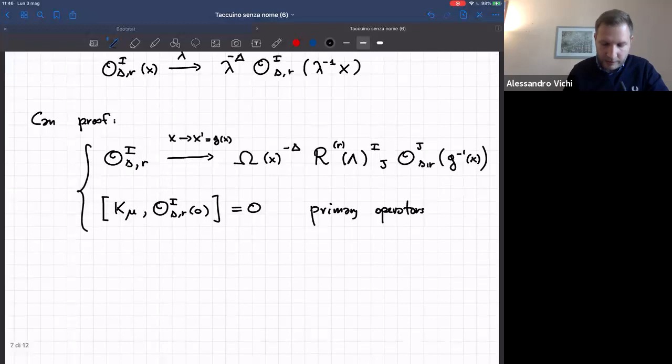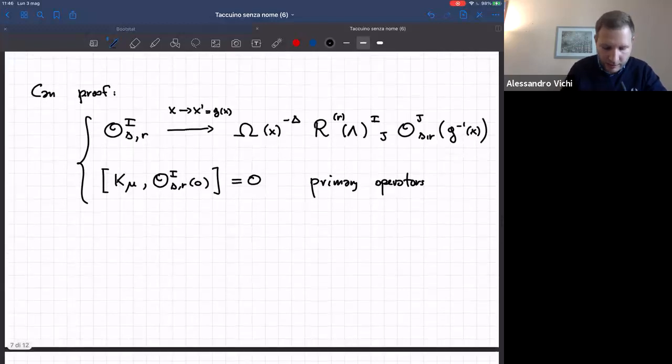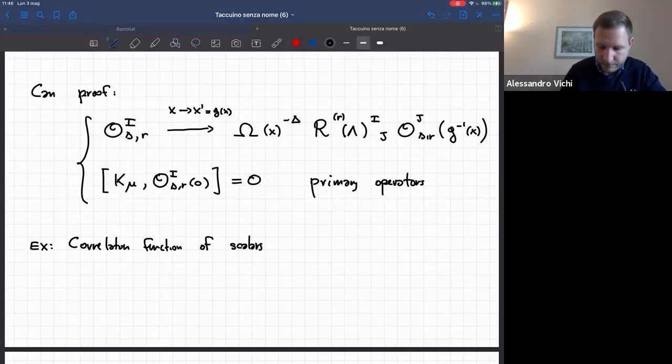So the first thing that I would like to do in somewhat detail is an example of the correlation function of two scalars, phi 1 and phi 2, with dimensions delta 1, delta 2.